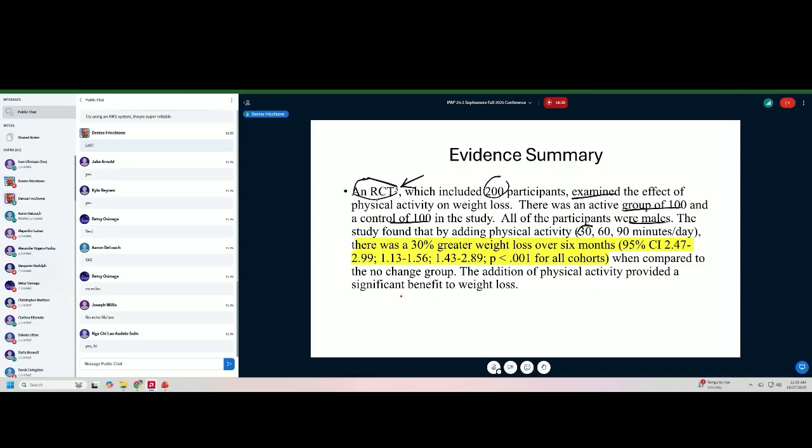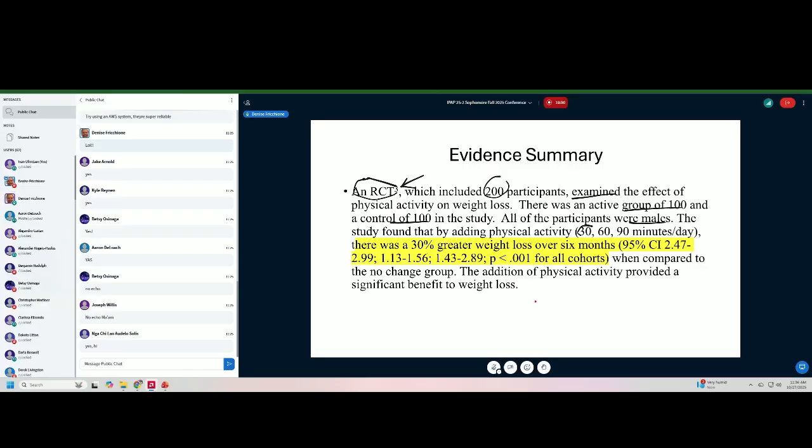Now, is this an overly presumptive summary sentence? The addition of physical activity provided a significant benefit to weight loss. Can we make that conclusion? Anybody?